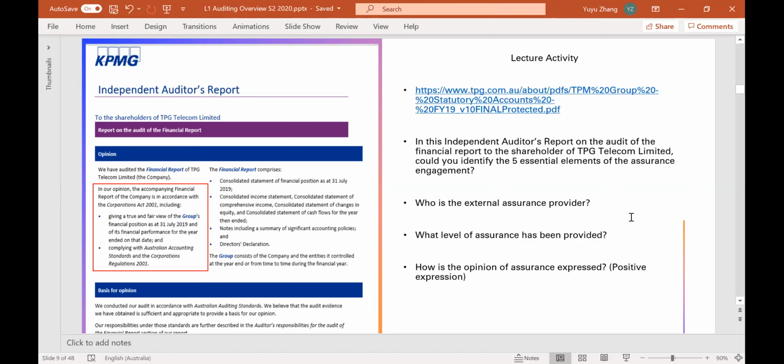On this report, are you able to identify those 5 essential elements of the assurance engagement? First, what are the 5 essential elements?